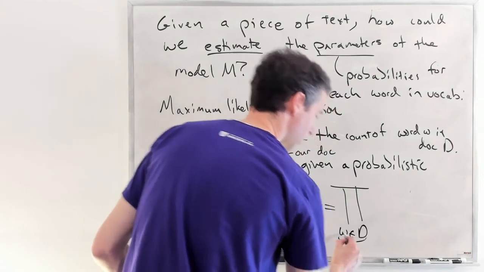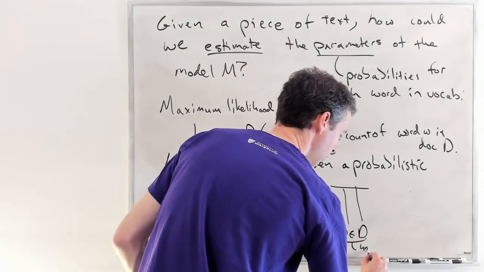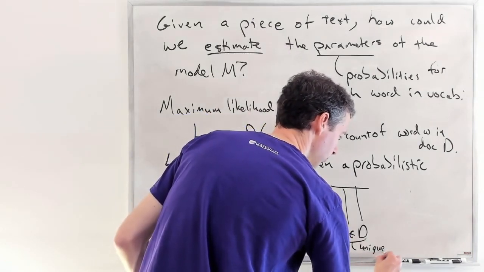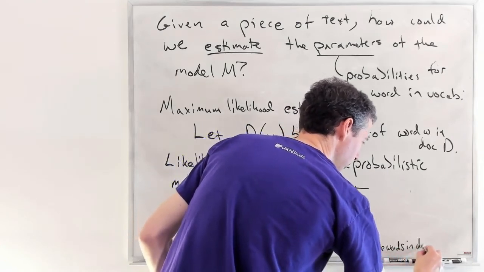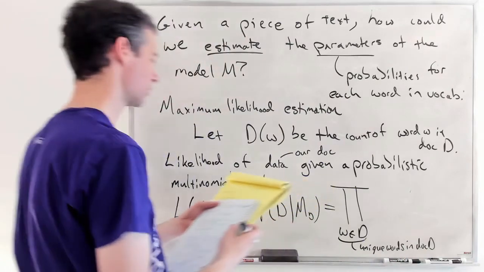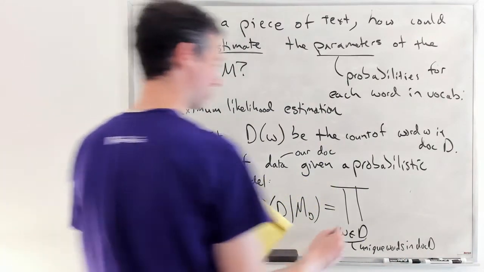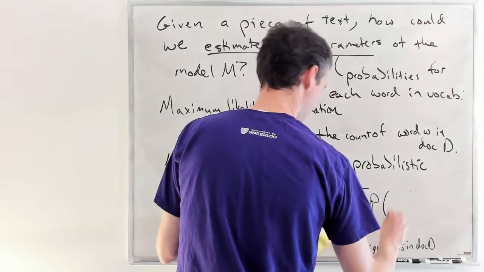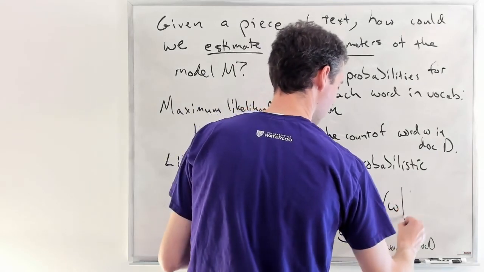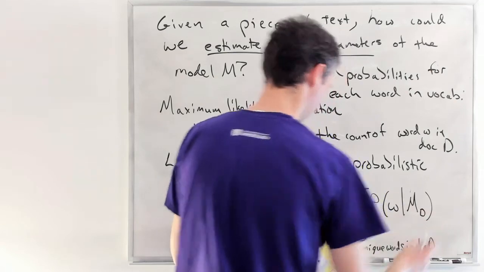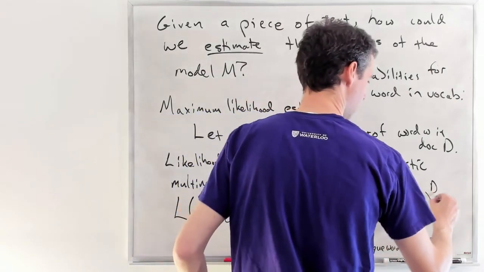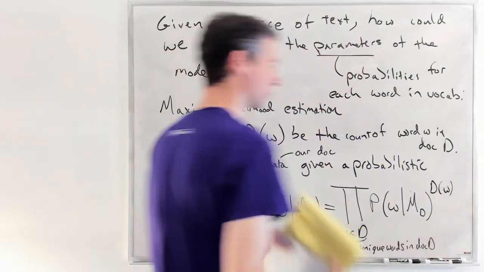So w is an element of D. These are the unique words in the document. So it's the product of the probability of the word given the model of our document, raised to the power of the number of words.